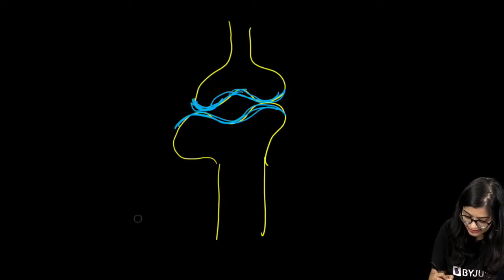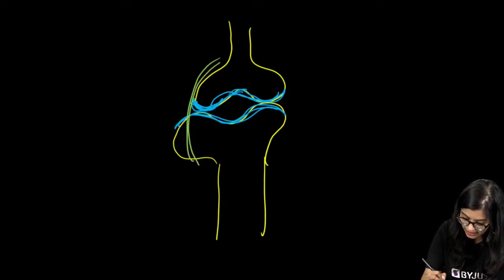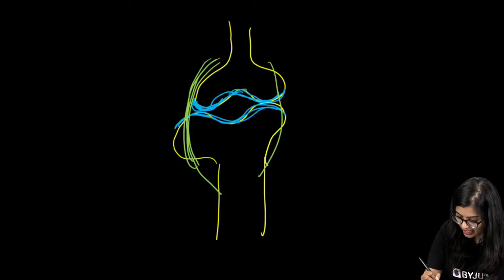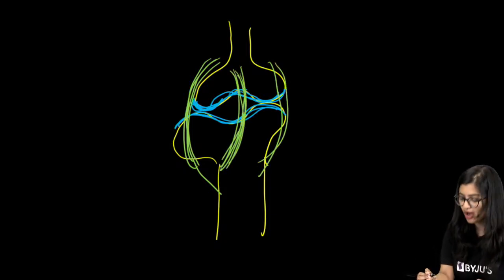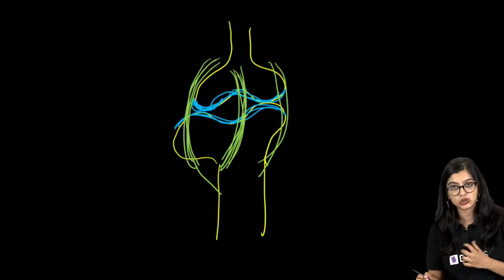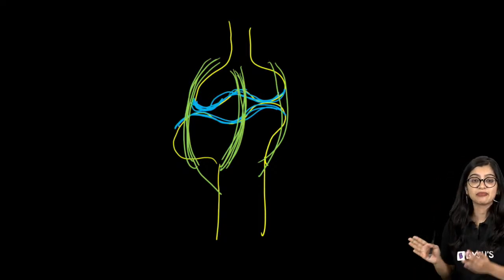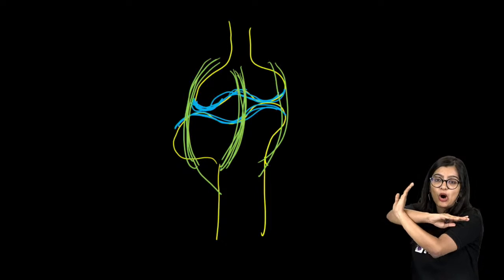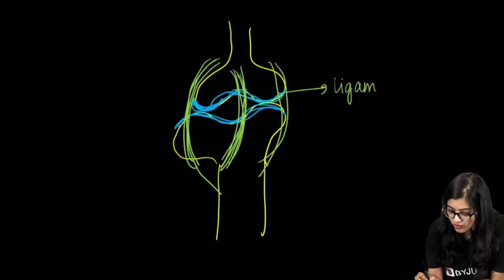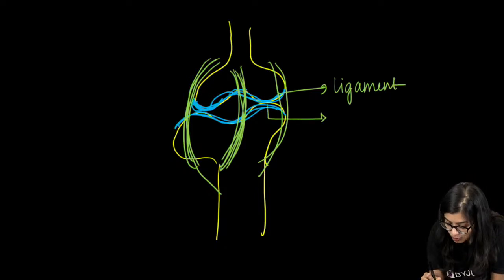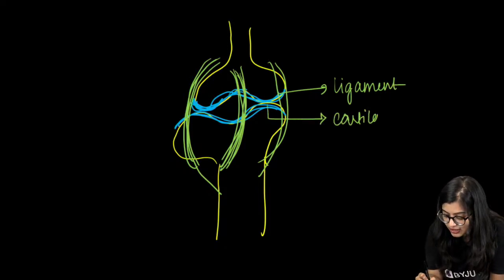Your ligament that is there is something that will tie these bones together, right? So if these bones have to become a joint, the point where 2 bones meet is what we call a joint. But if something has to bind the 2 bones together, then this will be ligament, right? So this is your ligament and this point here is your cartilage, right?